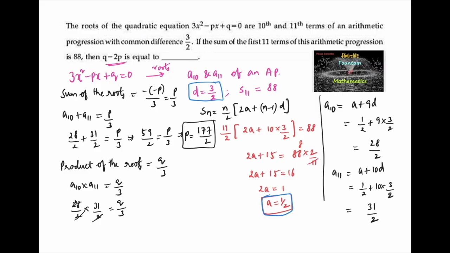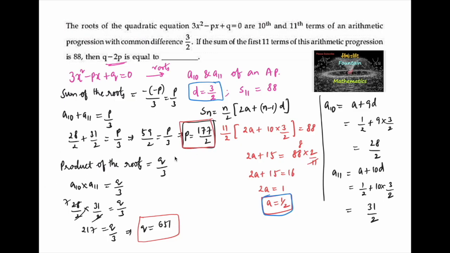So here 2 2s are 4, 4 7s are 28, so 7 into 31 is 217, which is equal to q by 3, which implies q is equal to 217 into 3, so we can write 651. So we got the value of q 651 and p value 177 by 2.